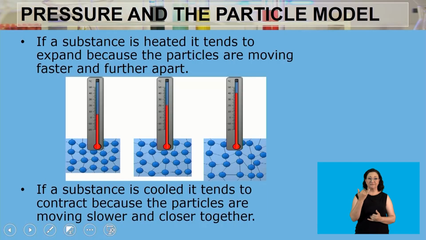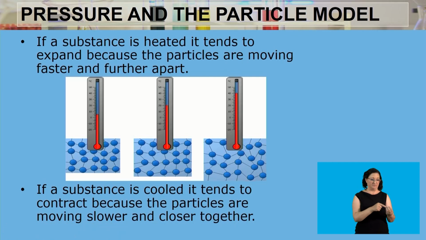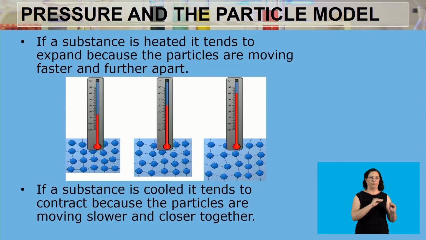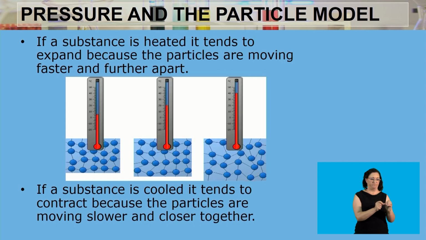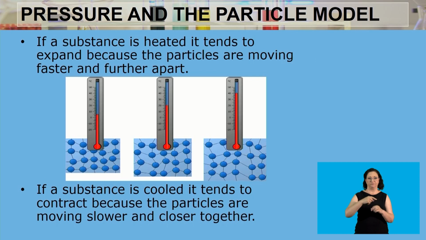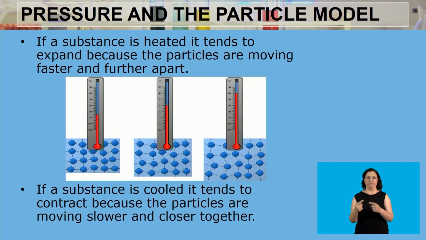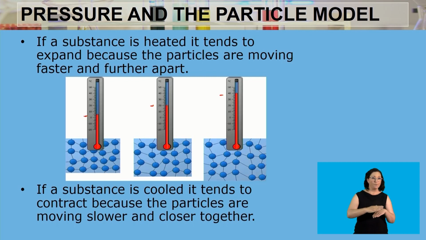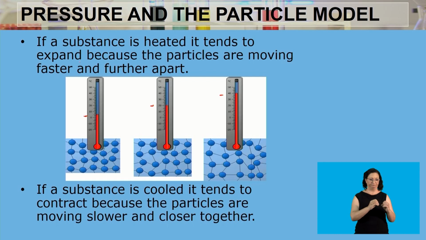So if a substance is heated, it tends to expand because the particles are moving faster and further apart. If we are increasing temperature, as we can see, we have three types of particles here, and in each one of them, the temperature is increased. So if the substance is heated, it tends to expand because the particles are moving faster and further apart.